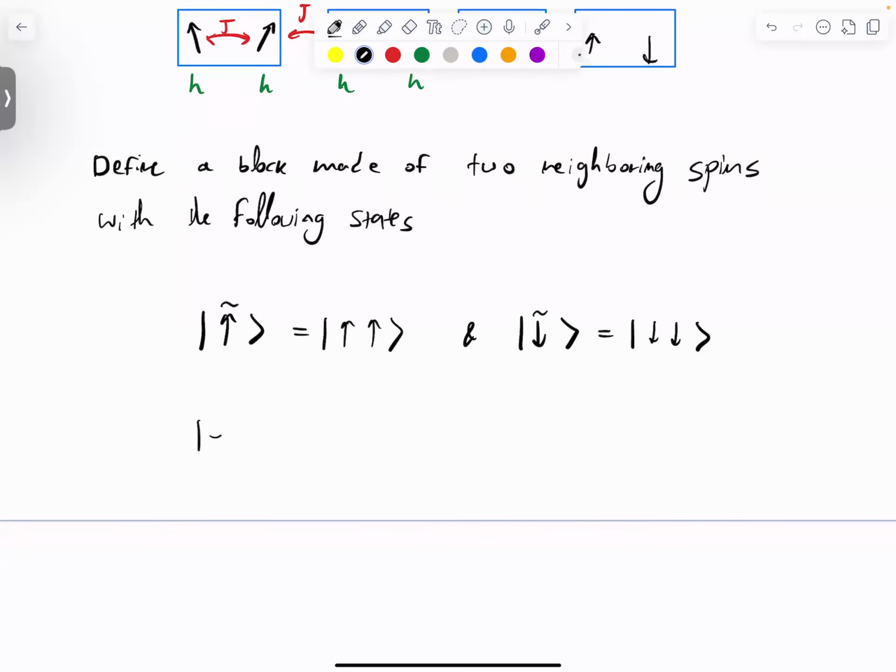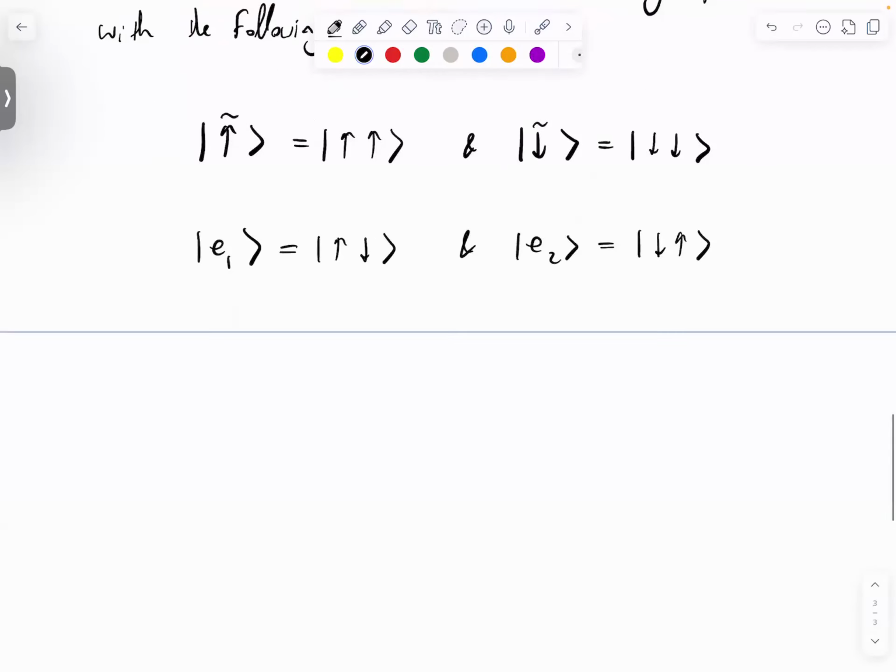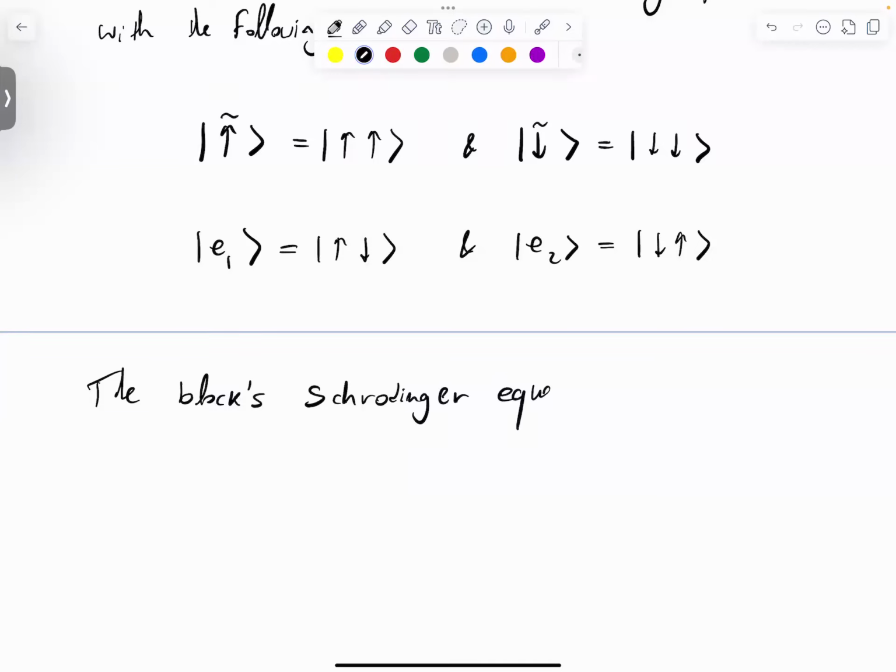The high energy states, E1, is up, down, and E2 is down, up. Okay, and then I can write the block Schrodinger equation.